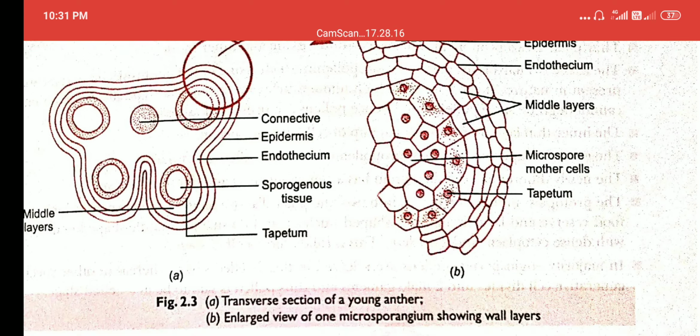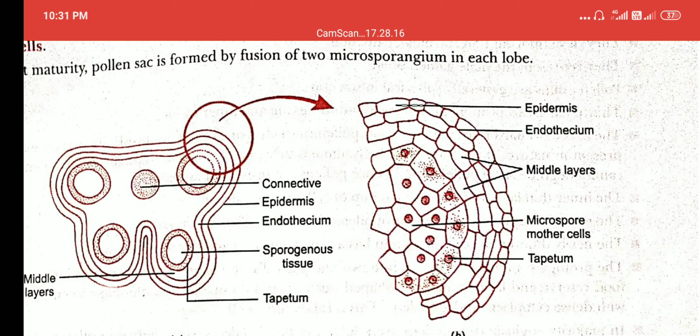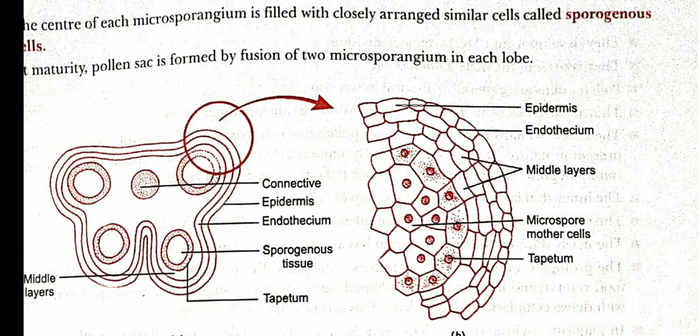The outermost layer is the epidermis, the layer inner to epidermis is endothecium, and after endothecium, the middle layers, and after the middle layers there is the innermost layer, which is called the tapetum. So, these are the four layers.